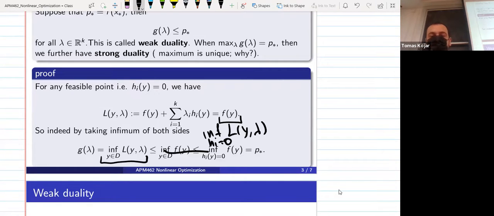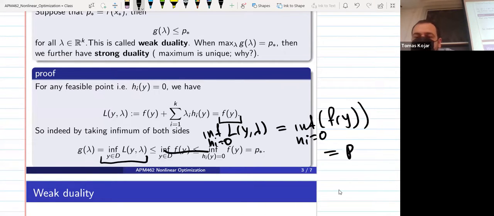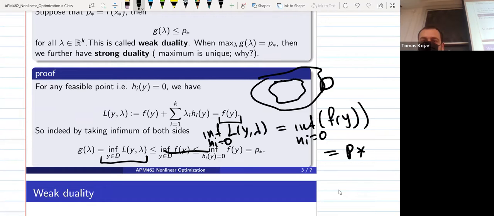I'll retype it as well. And we just showed that this is equal to the infimum over hi equals 0 of f of y, which is equal to p star. Good. And here I took that this is D, and inside you have the constraint space, hi equals 0. All right, good.